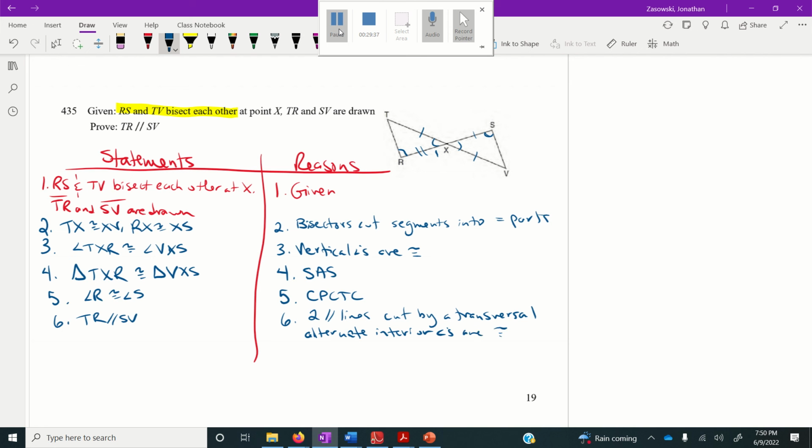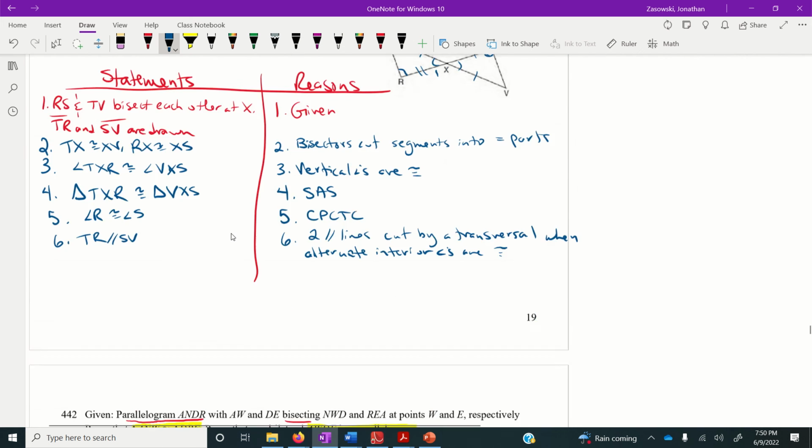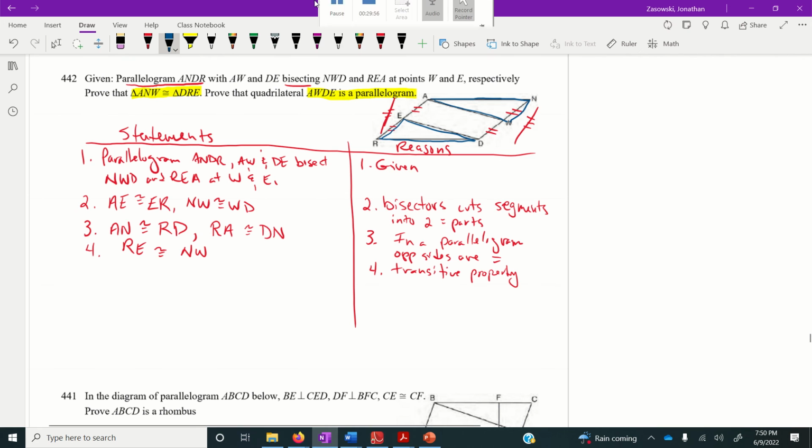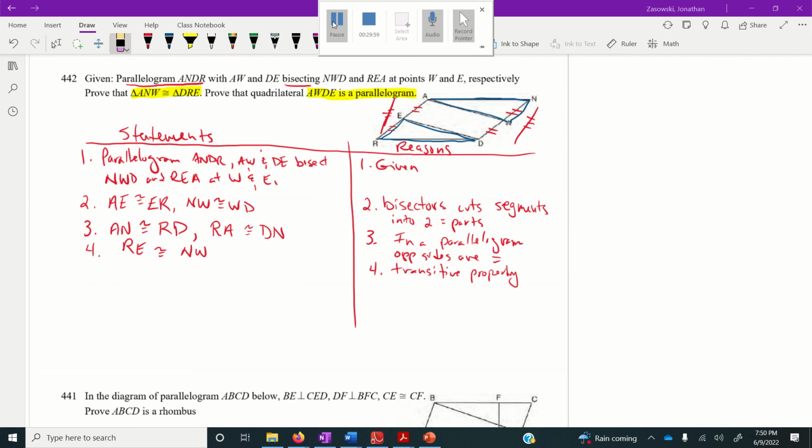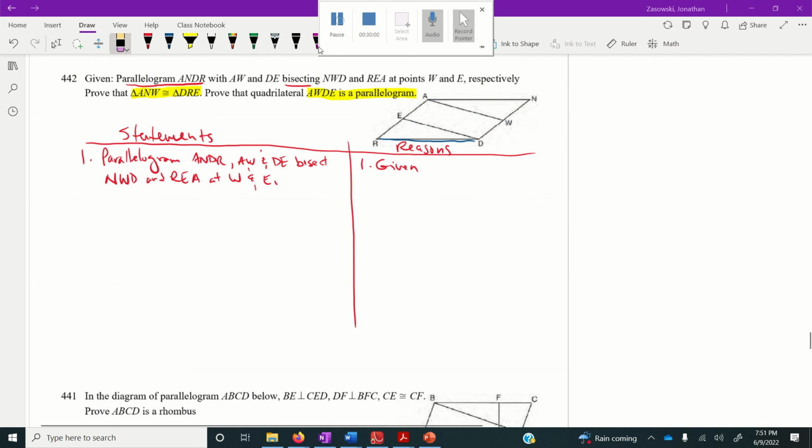Sometimes you might even just say 2 parallel lines cut by a transversal. If you want to throw that in there, that might make a little more sense when we're showing the lines are parallel. All right. Let's go on to the next one. We'll pause it here. You can take a look at the answer if you'd like and check yours, and we'll go through it in a second.